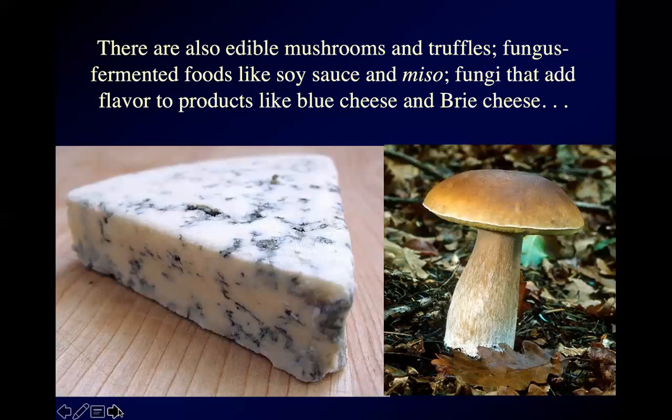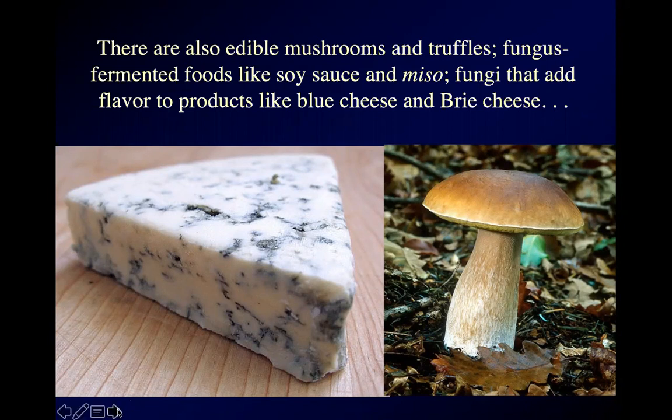Truffles are fungi. There are foods that are made with fungi, not just bread and beer, but soy sauce and miso, the stuff in Japanese soups that's so good. Fungi are deliberately added to things like blue cheese. The blue veins in blue cheese is fungi growing in the cheese.